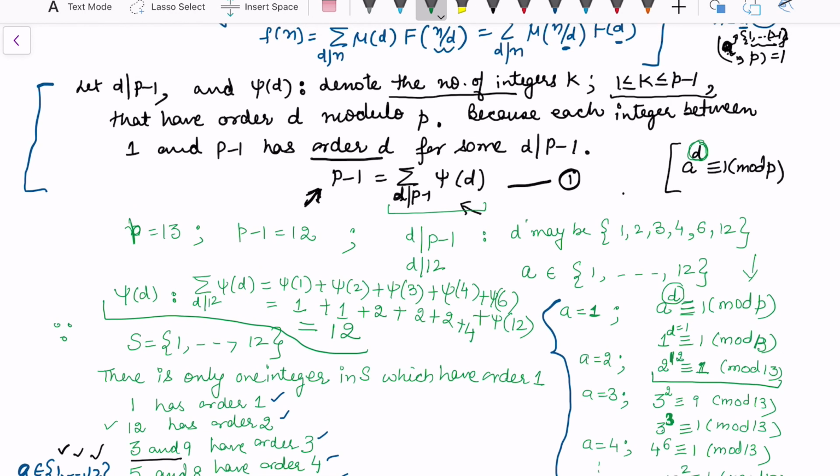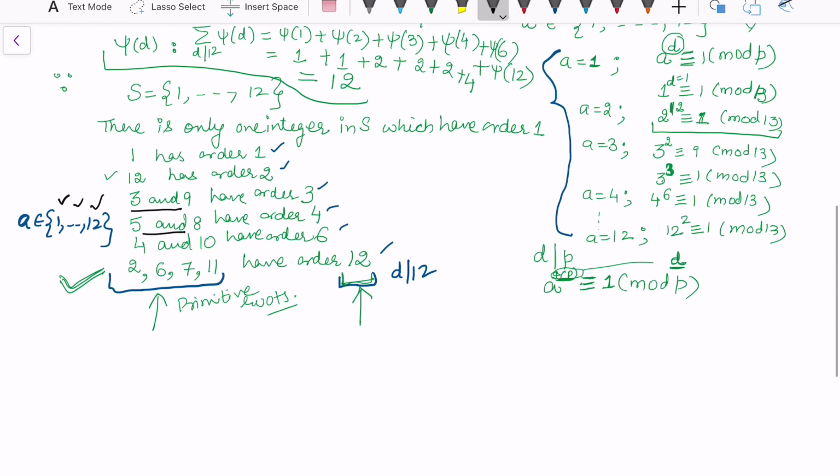So we have simply defined here, let D divide P minus 1 and xi D, and we have reached equation number 1. From equation number 1 onwards, I am going to use the simple Mobius inversion formula.